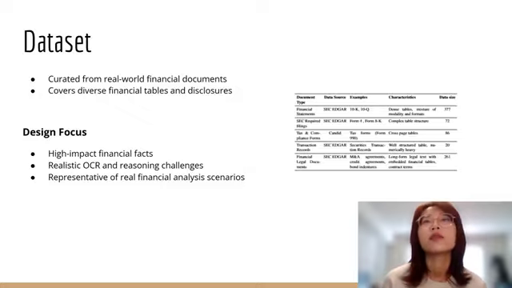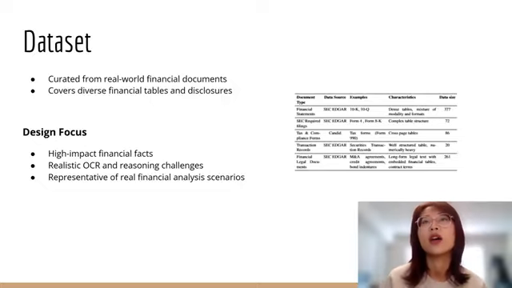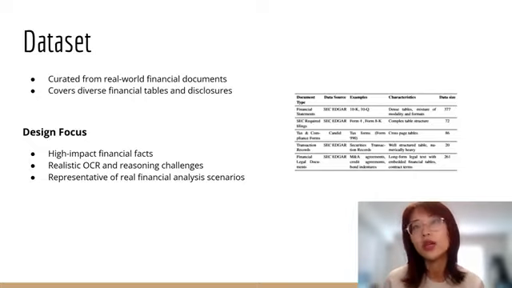For our dataset, the table on the right is the breakdown of the financial documents that we found and which type of document each belongs to. It contains financial statements, 10K, 10Q, some other SEC required filings, Form 4, Form 8K.